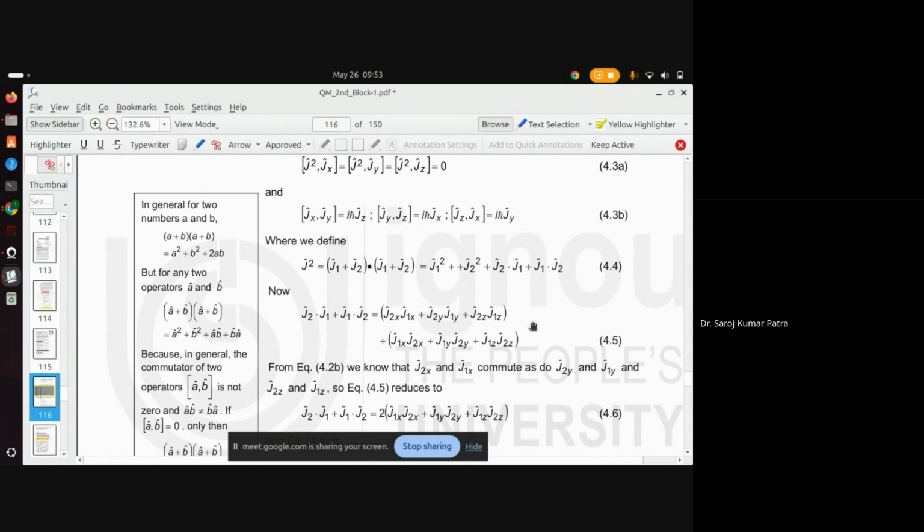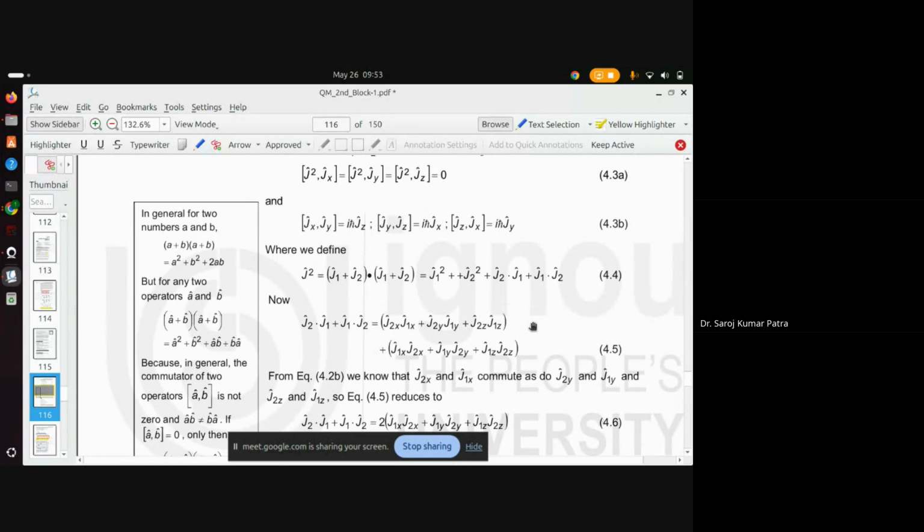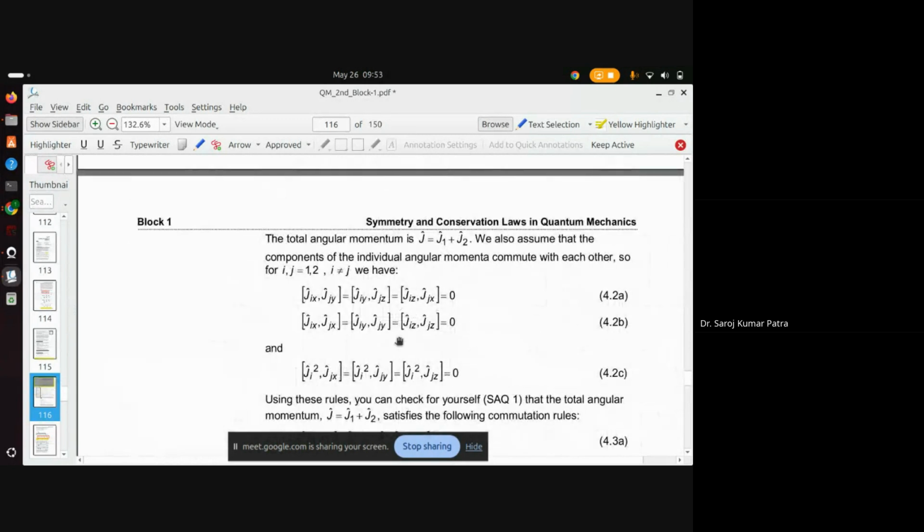But now equation 4.2b, this one, ये क्या है? J1x और J2x ले रहे हैं, J1x J2x minus J2x J1x is equal to 0, right? From this commutator, what can we write?